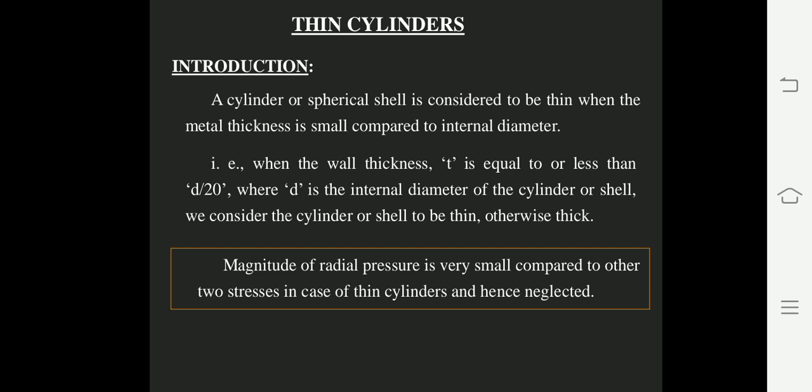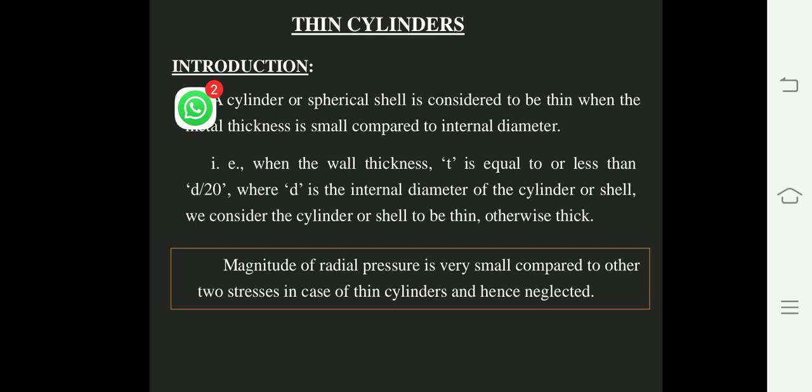For example, for our LPG gas cylinder, the inner diameter is 20 mm and the wall thickness of the cylinder is 5 mm. What type of cylinder is it? It is a thin cylinder.